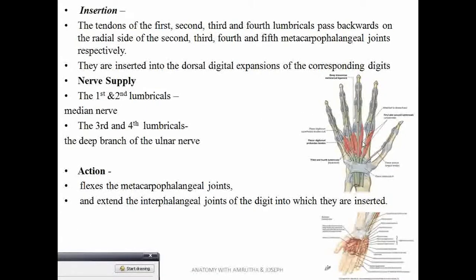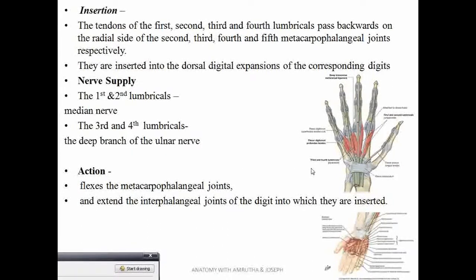Now, since the lumbricals are originating from the flexor digitorum profundus, these two are originating from the lateral side, so they can get supply from the median nerve, whereas the medial two are arising from the medial aspect of flexor digitorum profundus and they are supplied by ulnar nerve. This is an easy way to remember the lumbricals nerve supply.